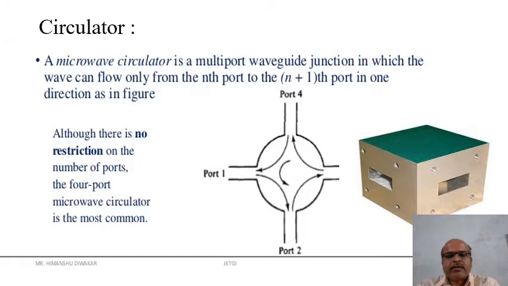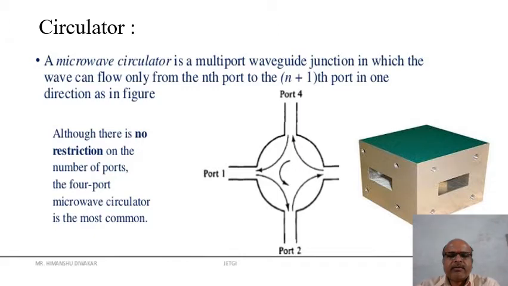What do you mean by circulator? A microcirculator is a multi-port waveguide junction. This is port 1, this is port 2, this is port 3, and this is port 4. It is a multi-port waveguide junction in which a wave can flow only from the nth port to the n plus 1th port in one direction as shown in the figure.